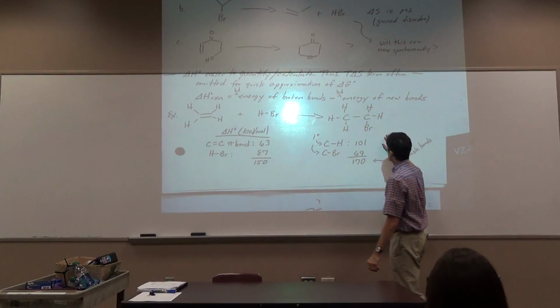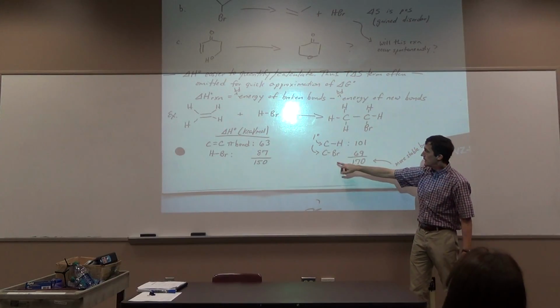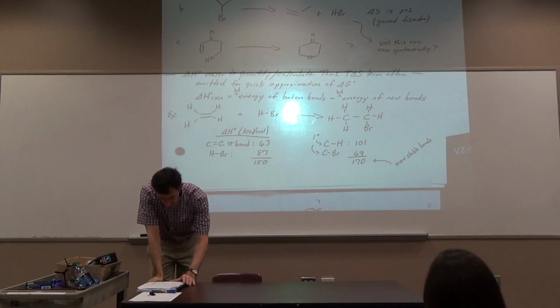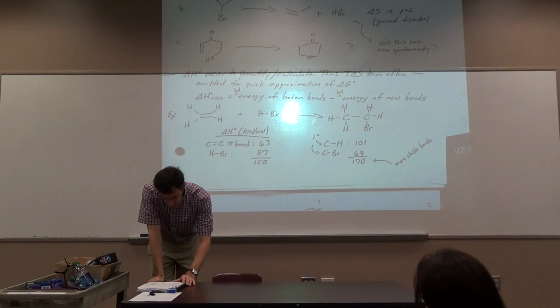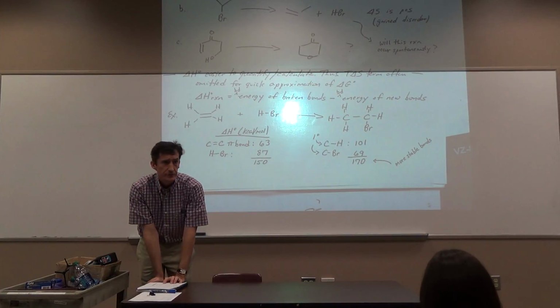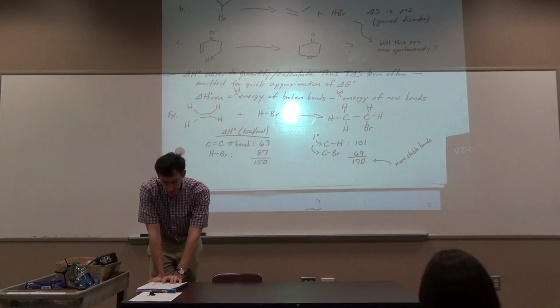What is formed? Does everybody agree that a carbon-bromine bond is formed? CBr. I got 69 here. Is that in the front table? Look in the front table on the bottom right side. It's got a carbon-bromine bond with the different carbons having different substitution. One of the bromines is on a methyl, the other is on a primary carbon, secondary carbon, and then tertiary carbon. What do we have here?